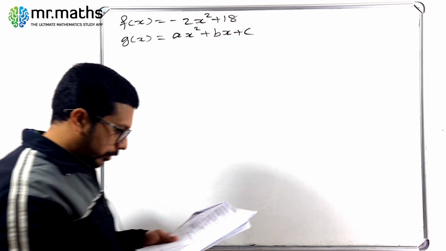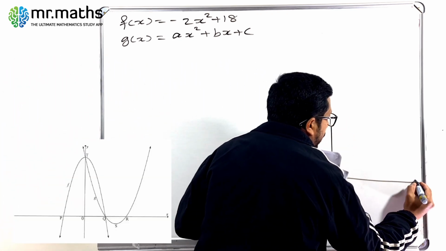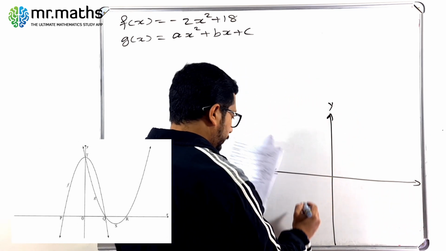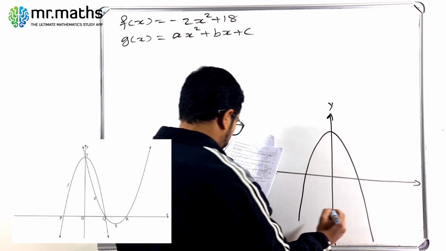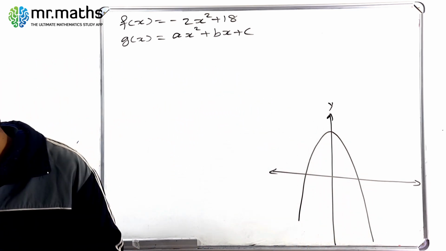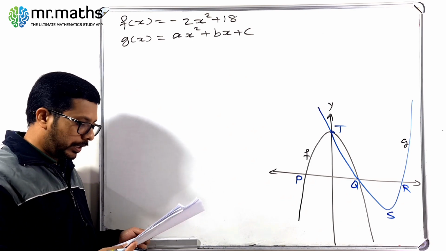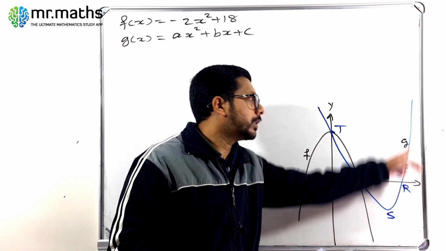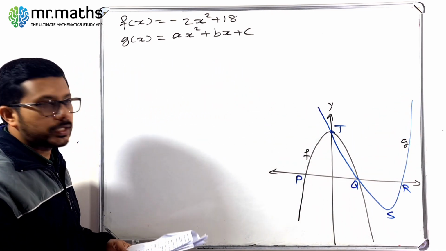Okay, let me draw that graph. This is the x and y axis. Okay, so these are the two graphs given, this one is f of x and this one is g of x. Okay, the black one is f of x and the blue one is g of x.